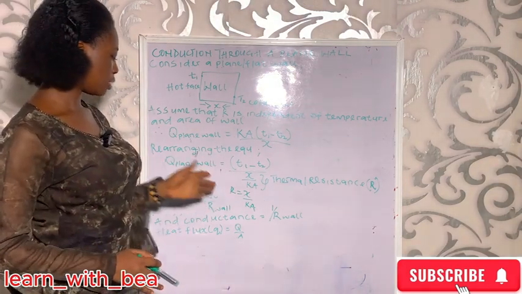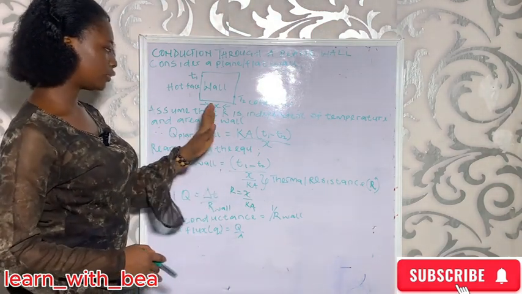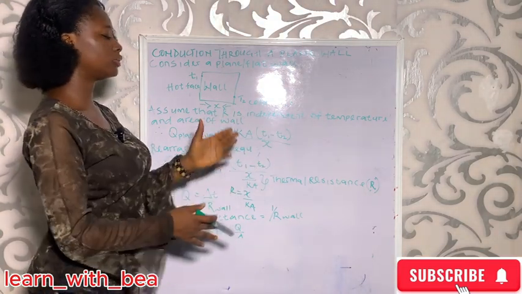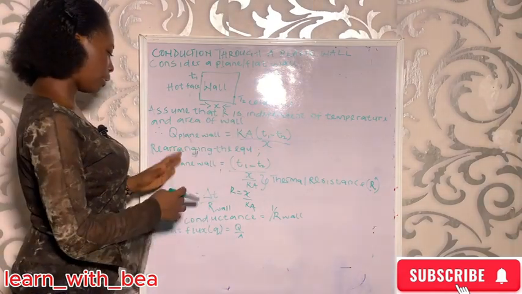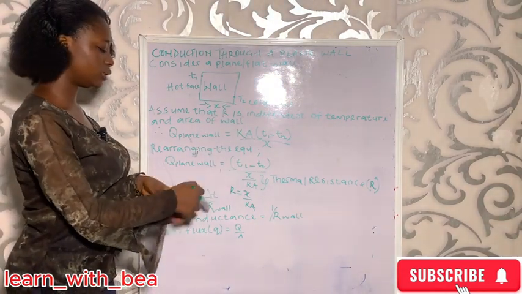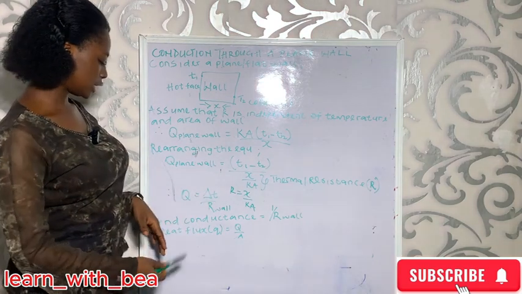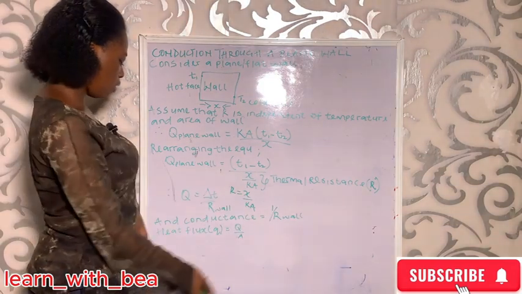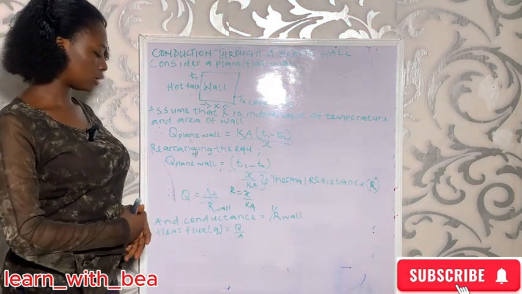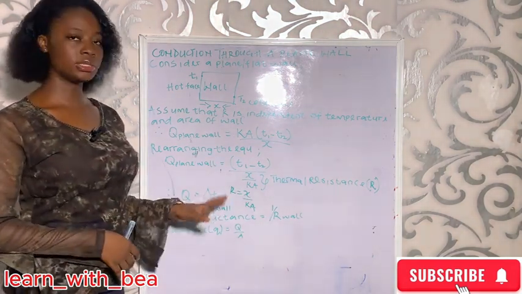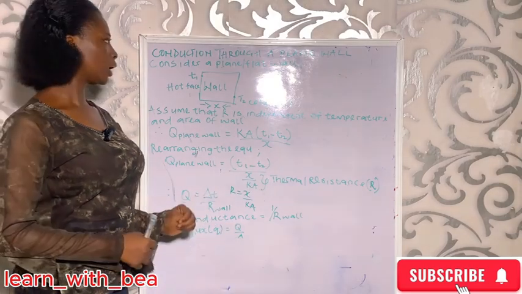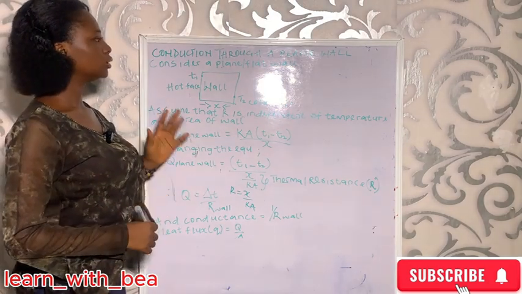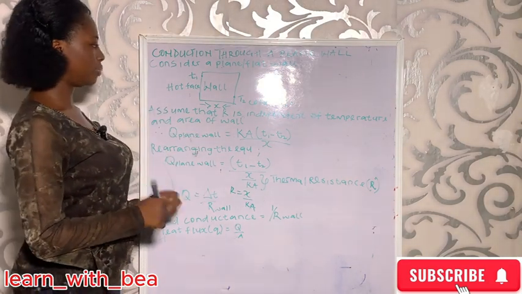We have Q in terms of the thermal conductivity, the area, temperature difference, and the thickness, and we have Q in terms of the temperature difference and the thermal resistance. We can also be asked to calculate our conductance, which is 1 over R, or our heat flux, which is Q divided by A. So let's get right into the first question on conduction through a plane wall.